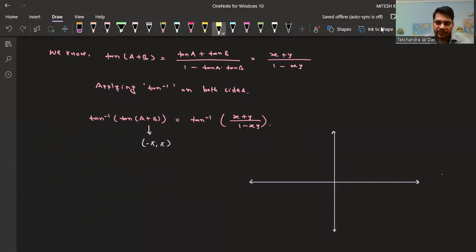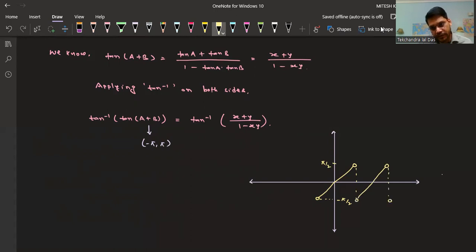See, the tan inverse tan function graph will be like this. You have to break at this point, this is pi by 2, definitely pi by 2. You have to break at both the points. This is minus pi by 2. Here again the graph will start, and the line will be like this, and so on.